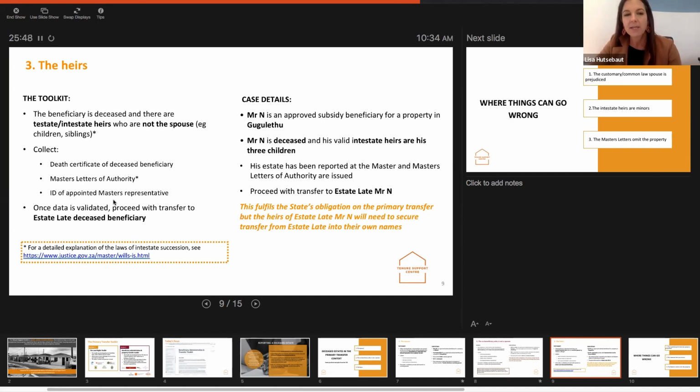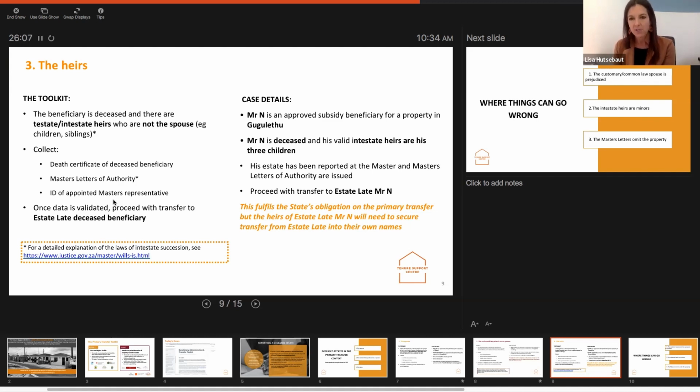So the process that would need to be followed here, and sorry, just as some background again as to why we put the process together this way, is that the thinking is, had the state been able to transfer timeously to this beneficiary, the beneficiary would have had a title deed in his name.